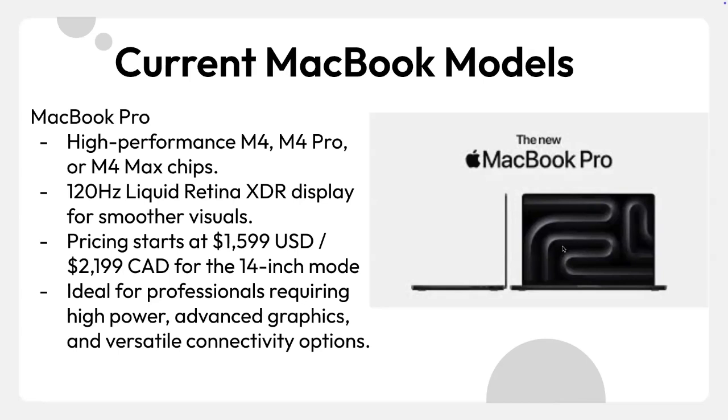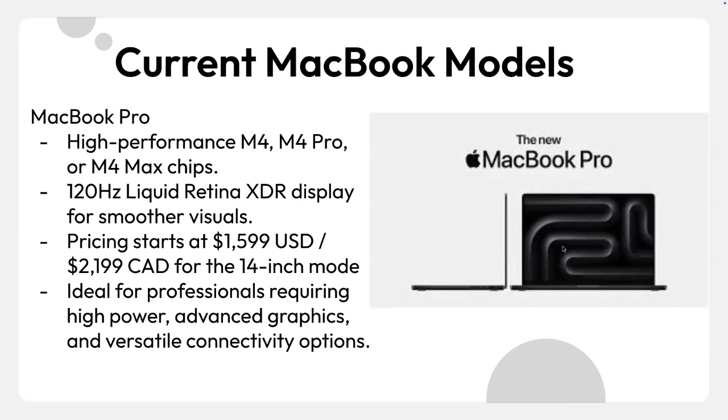And then it has a 120 hertz Liquid Retina XDR display for smoother visuals. Basically, that means it's very fast, very responsive, and very color rich. So you get to see a lot of colors in the spectrum. Pricing starts at about 1500, 1600 US dollars or 2200 CAD. I think mine ended up being around 3100 CAD.